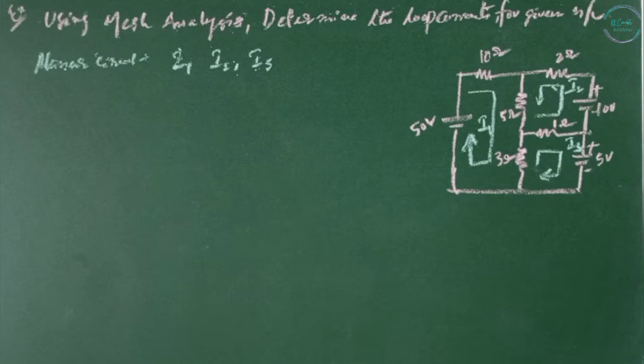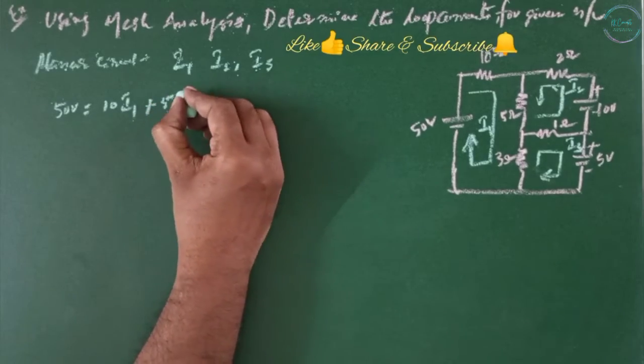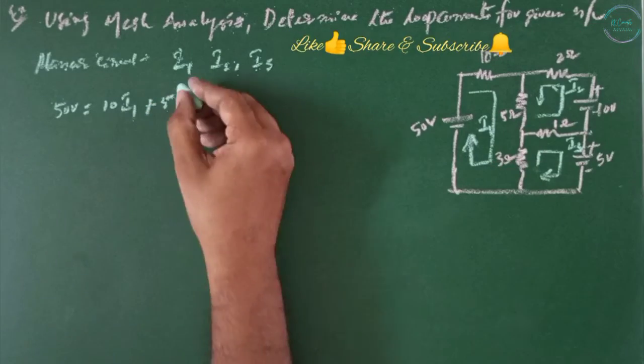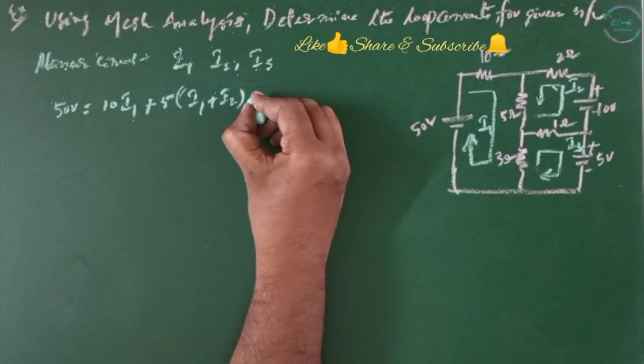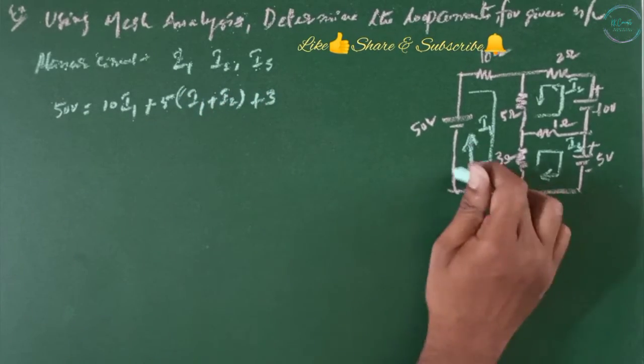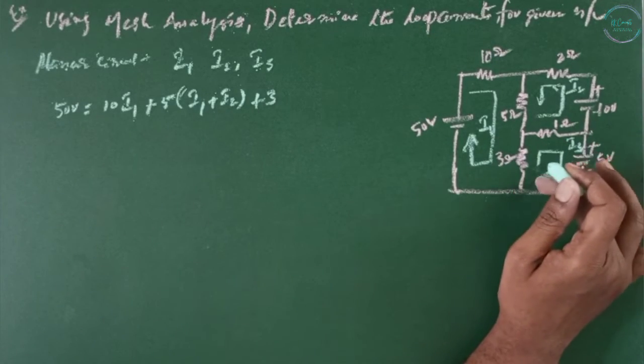Next step is writing the KVLs. 3 volts equals 10 I1 plus 5 (I1 plus I2) plus 3, since both currents are coming from top to bottom, plus 3 (I1 minus I3), since this current is coming from top to bottom whereas this one is going from bottom to top.